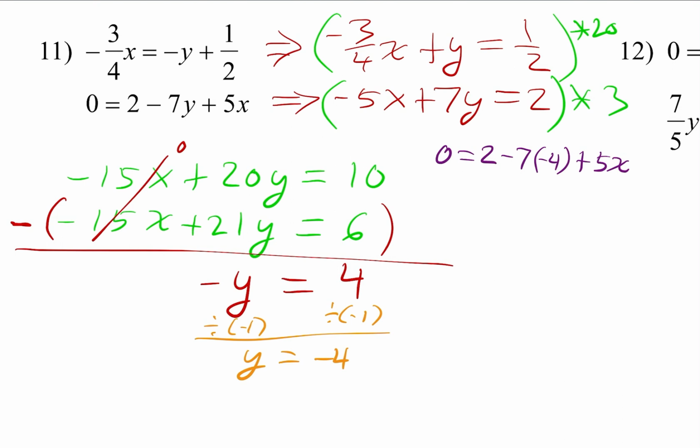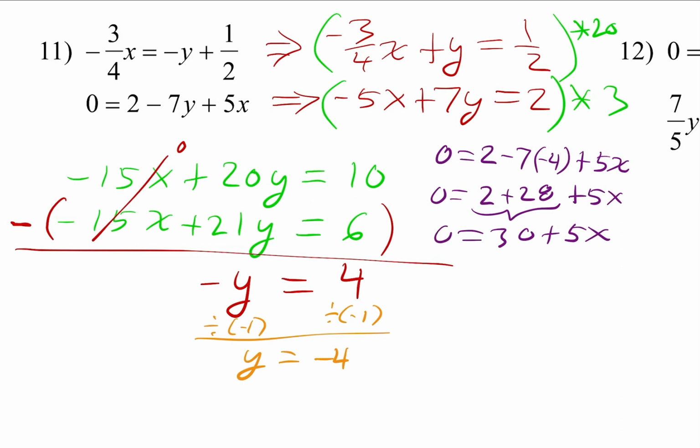So negative 7 times 4 is going to give us negative 28. And then I have 2 minus 20, plus 28, since the negatives cancel each other out, plus 5x, and that still equals 0. From here, combine the constants. That gives you 30 plus 5x is 0.